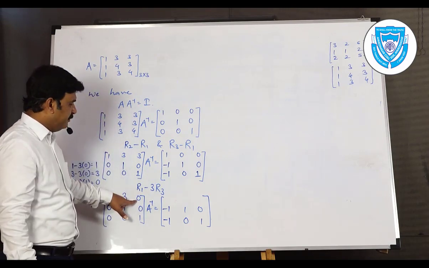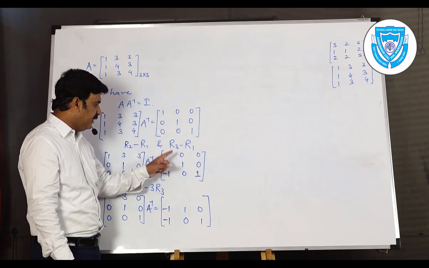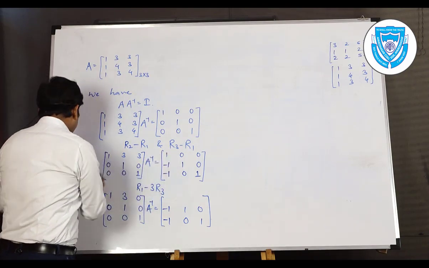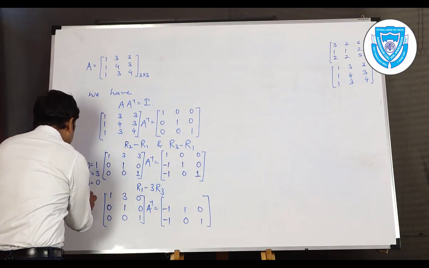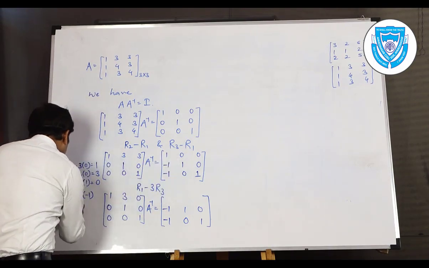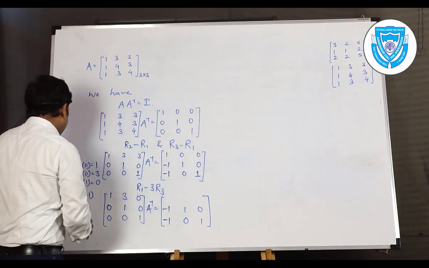Yes, as per the requirement, we got 0 over here. Let us perform the same operation at the right hand side. R1 minus 3R3, that is 1 minus 3 times minus 1, 0 minus 3 times 0, and 0 minus 3 times 1.